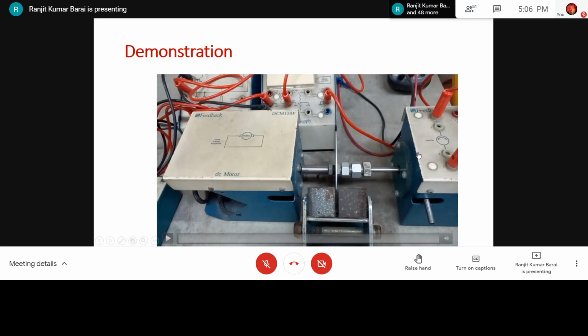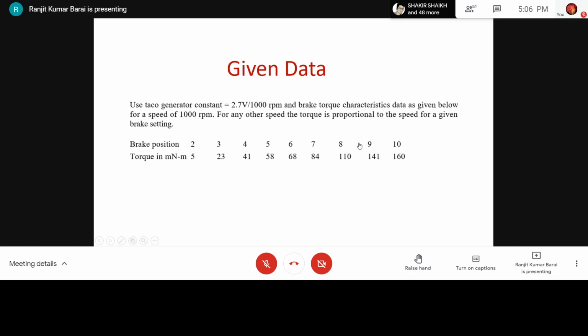We will repeat the experiment for 8 volt and 9 volt. So three voltage positions were given in the instruction sheet: 7 volt, 8 volt, 9 volt. But at present, the experiment is performed for the armature input. Let me go back.